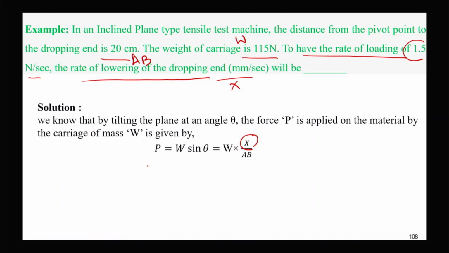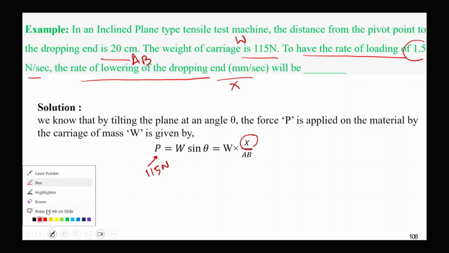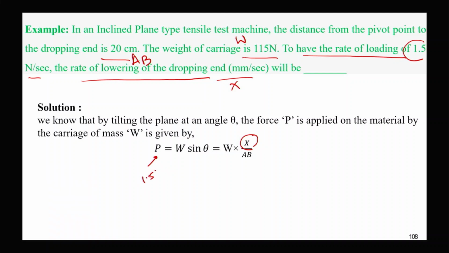P is given as 1.5 Newton per second, W is 115 Newton, and here AB is 20.